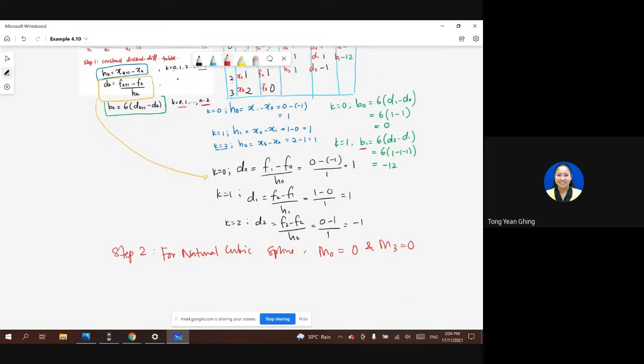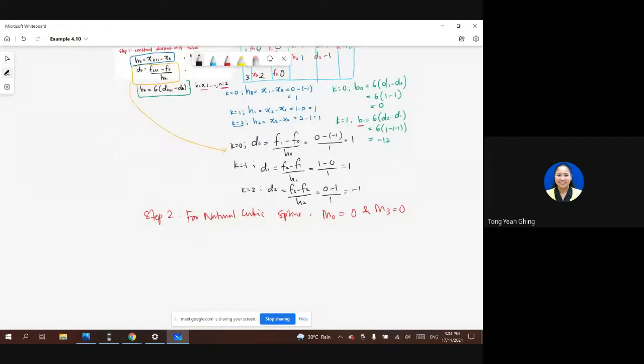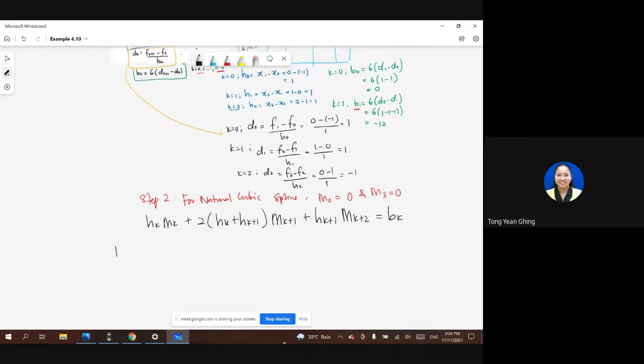The long one from just now. So I will write down the formula again. The formula is Hk Mk plus 2(Hk plus Hk+1) Mk+1 plus Hk+1 Mk+2 equal to Bk. Based on this formula, I start from k equal to 0 and substitute.